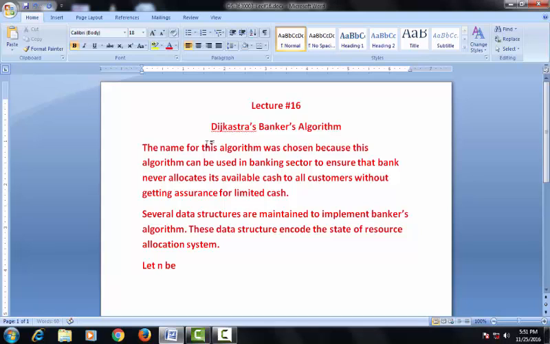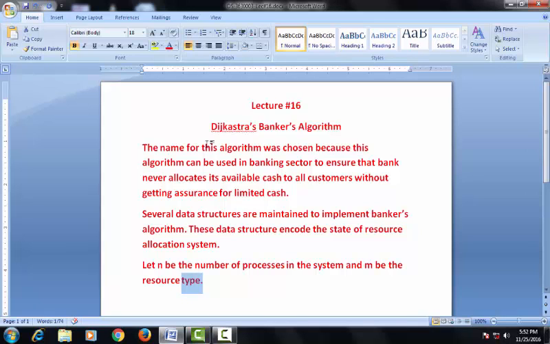Let n be the number of processes. We can have n number of processes in the system, and m be the resource types. Here resource type indicates we can have a number of instances of one type of resource, right?